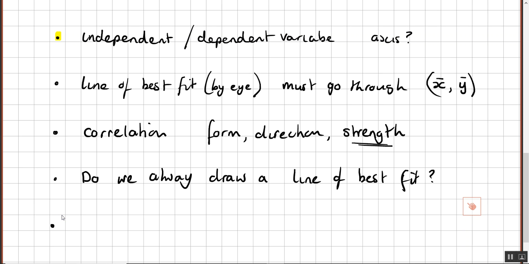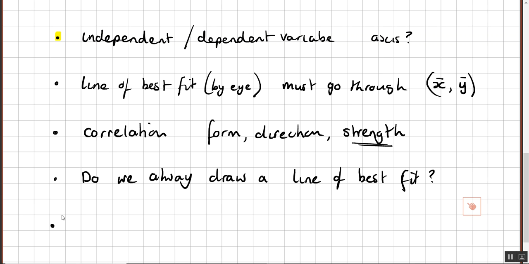So, could you actually mathematically determine the strength with the line of best fit? Actually, we kind of use it. It's not using the line of best fit, but it's using a very similar process. We have something called the Pearson's correlation coefficient.